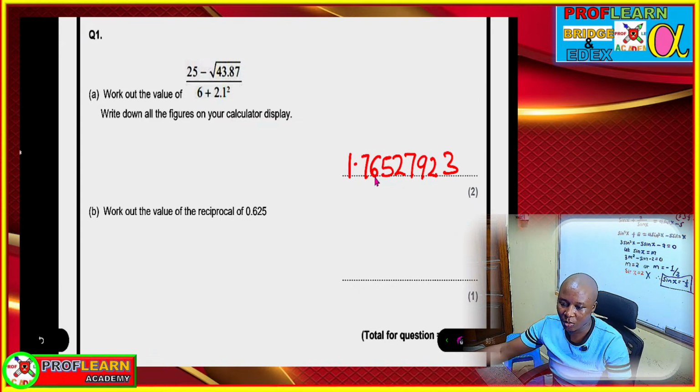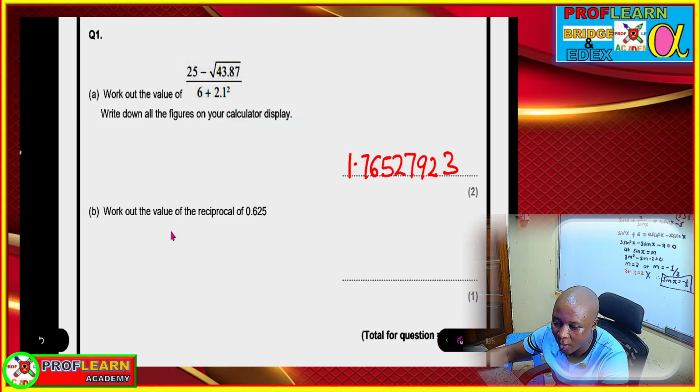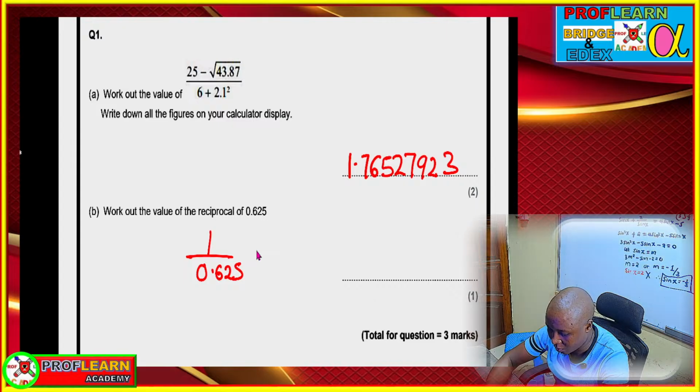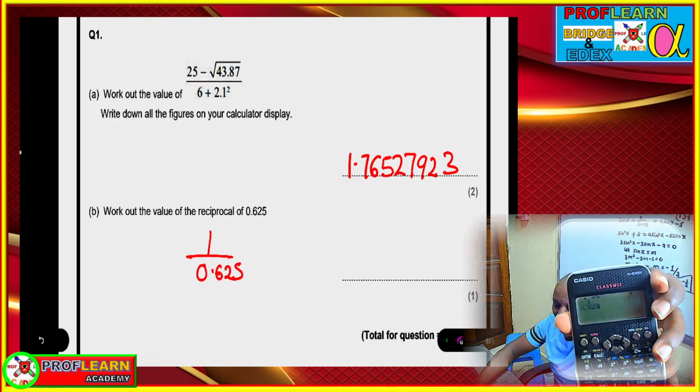This is what we are going to work out, the reciprocal of this. Of course, the reciprocal is going to be 1 over 0.625. So 1 over 0.625. We are going to put it in the calculator that way.